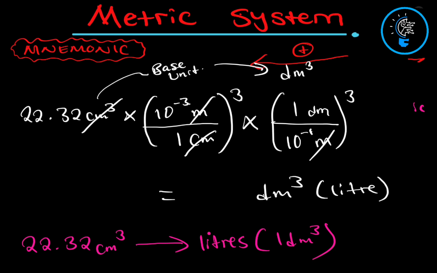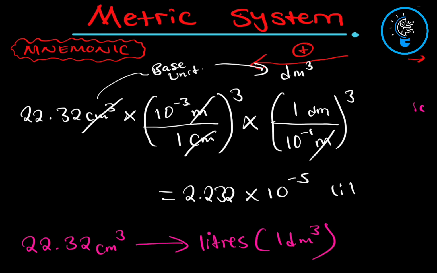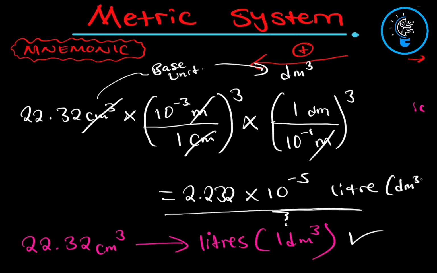Okay, I made a mistake. 22.32 times 10 to the power negative 9 has to be divided by 10 to the power negative 3. You're going to get a value of 2.232 times 10 to the power negative 5 liters as your answer for this particular question. In other words, we're saying decimeter cubed.